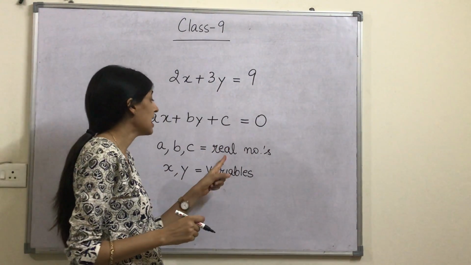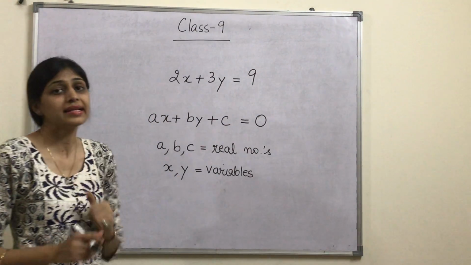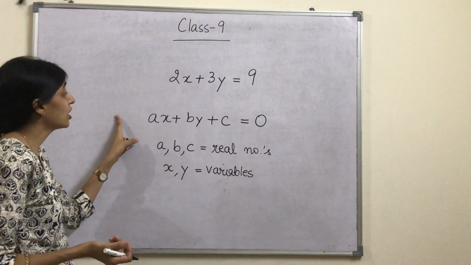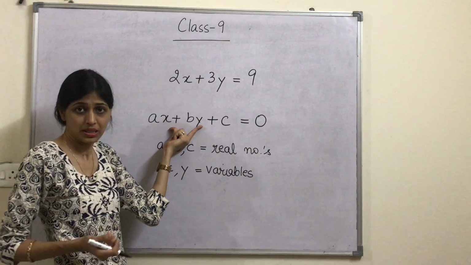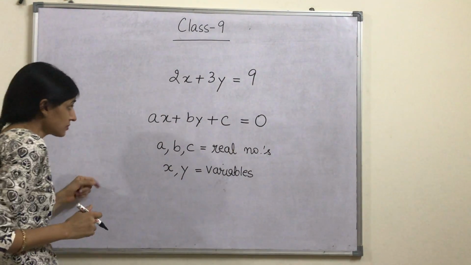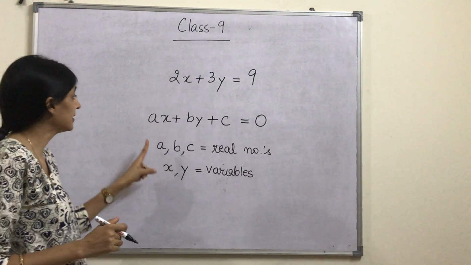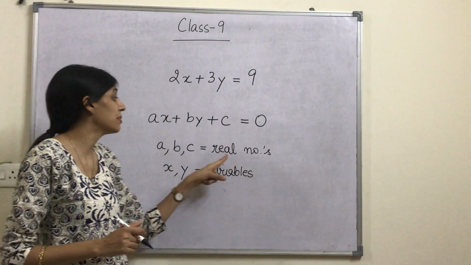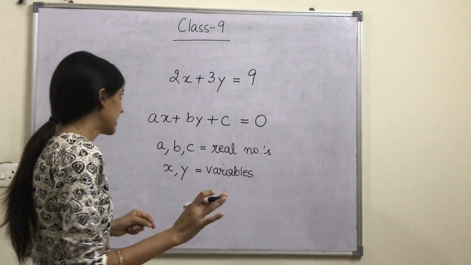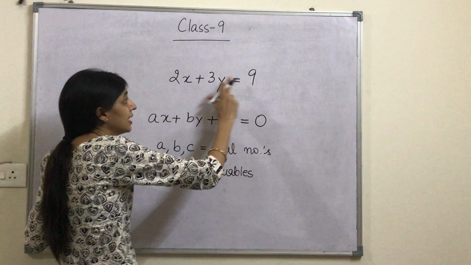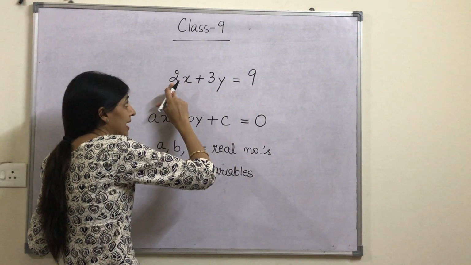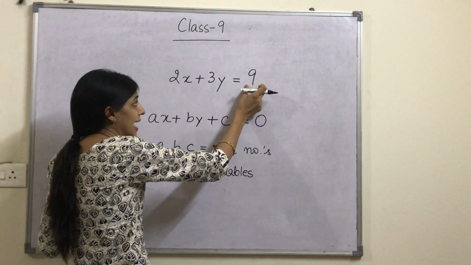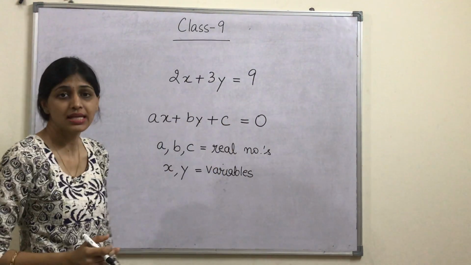So this is a linear equation in two variables, right? Now, one thing you have to understand is that a, b, c must be real numbers, for example 2, 3, 9. This is your a, the coefficient of x, the coefficient of y is b, and the constant term is c.